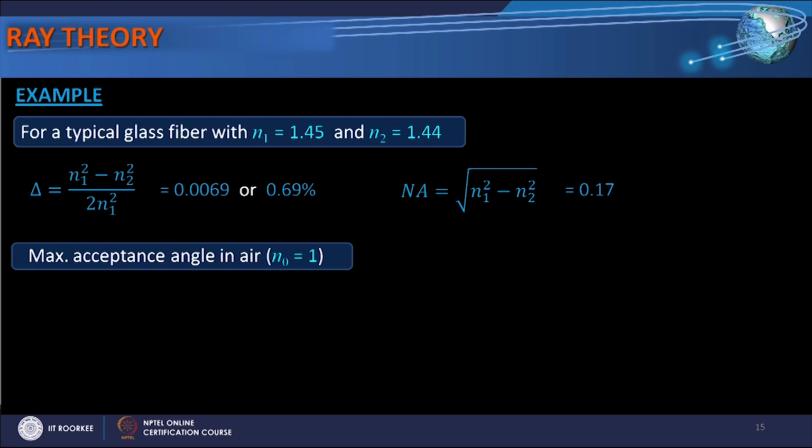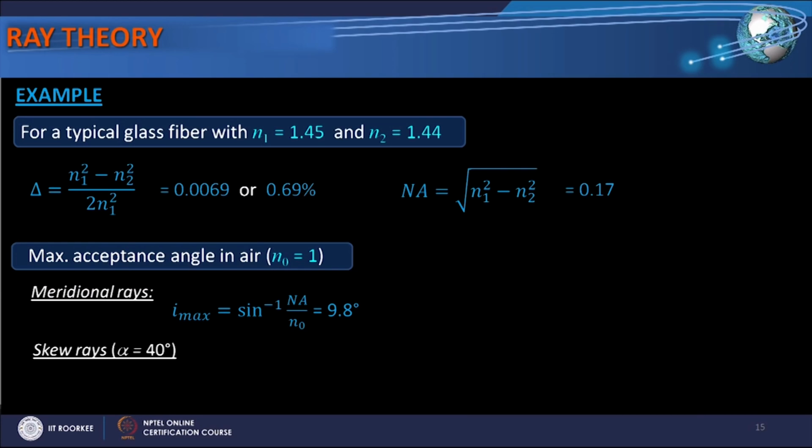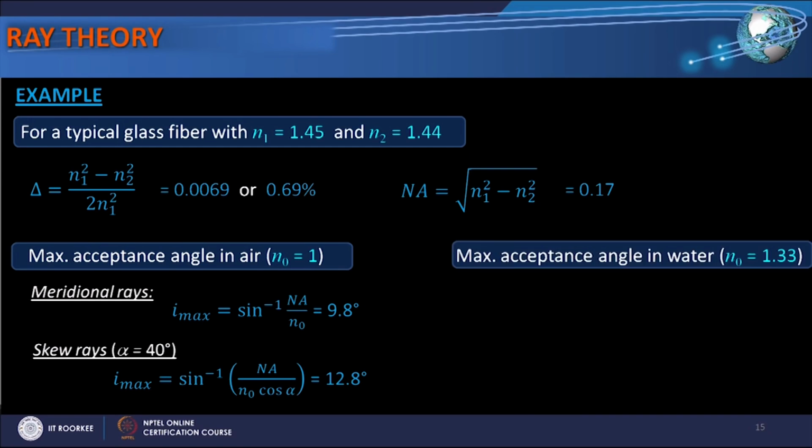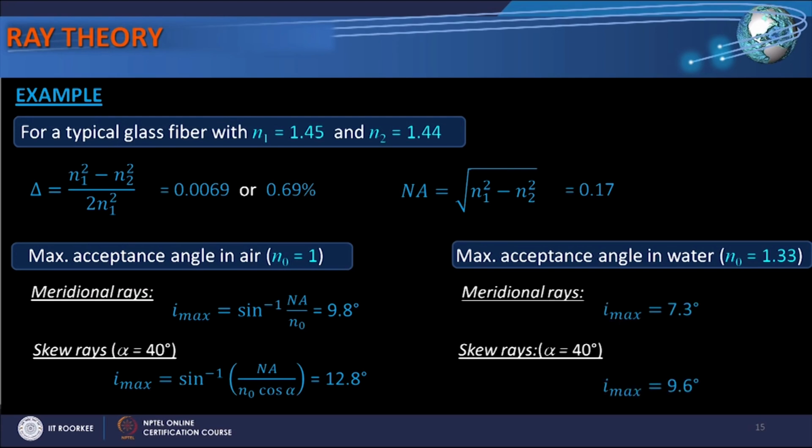The maximum acceptance angle in air can now be given, for meridional rays, as I max is equal to sin inverse NA over n0, which is about 9.8 degrees, and for skew rays for alpha is equal to 40 degrees, it is about 12.8 degrees. If I put the same fiber in water where the refractive index is 1.33, then for meridional rays I max becomes 7.3 and for skew rays it is 9.6.